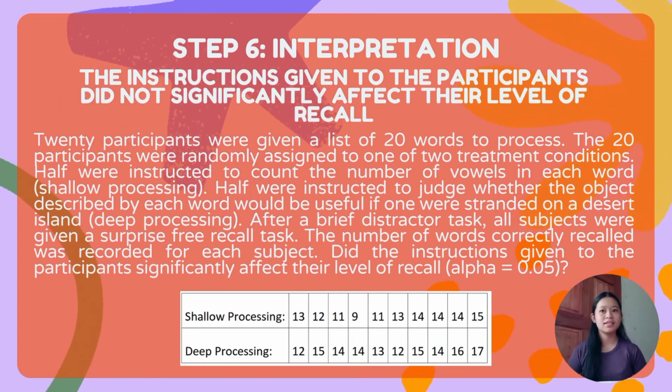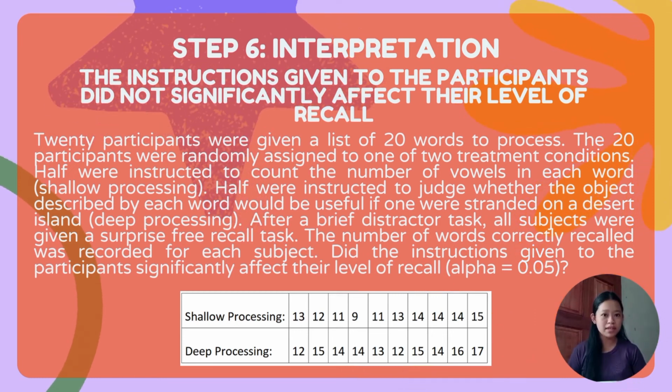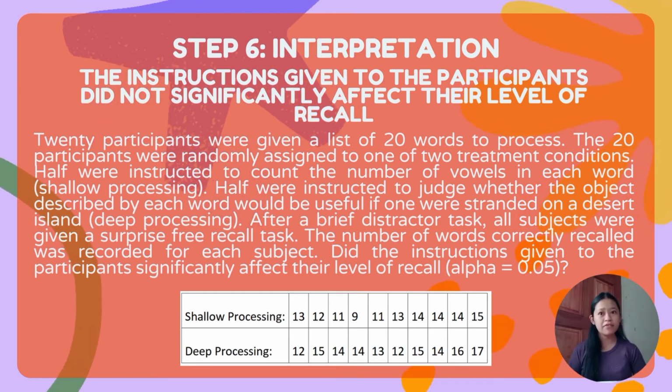Now lastly is step 6, interpretation. The instructions given to the participants did not significantly affect their level of recall. Remember the steps to state hypothesis by Claire a while ago? The null hypothesis was, did the instruction given to the participants significantly affect their level of recall?